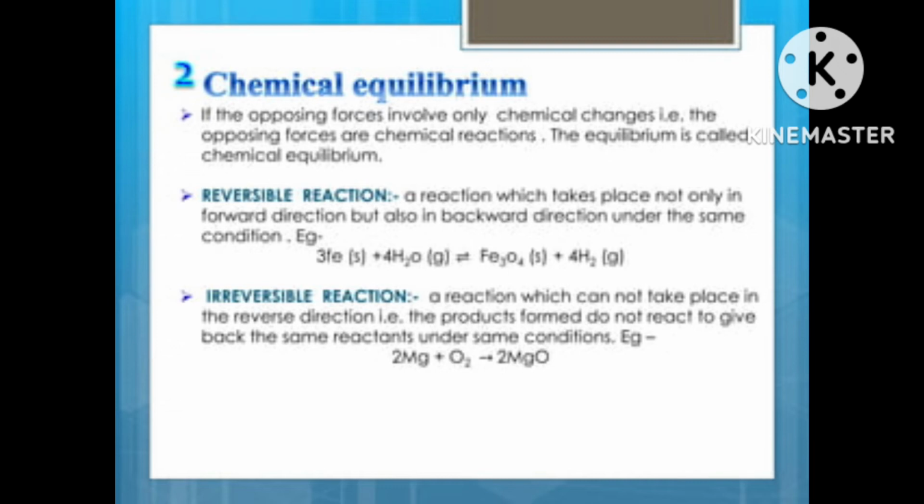If we drop some radioactive sugar into a saturated solution of non-radioactive sugar, then after some time radioactivity is observed both in the solution and in the solid sugar. It means sugar molecules are in equilibrium, they are in motion, they are dynamic.